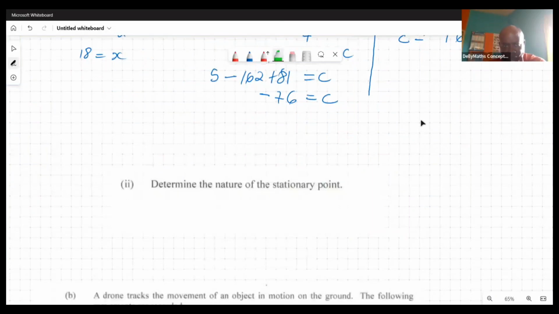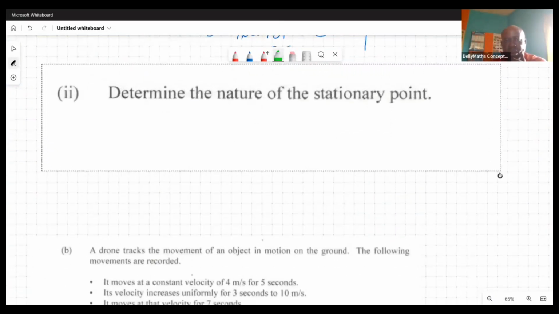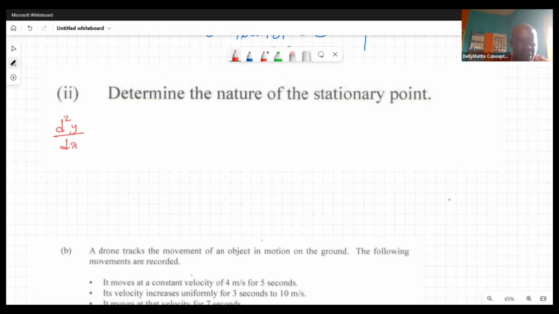Now, this question says, determine the nature of the stationary point. What we want to keep in mind is that we're going to take the second derivative, right? If our second derivative is less than 0, we have a maximum.